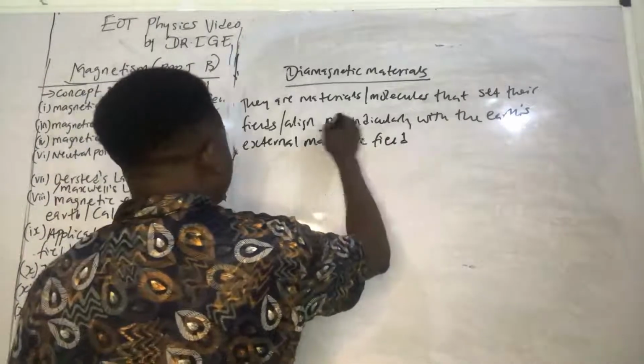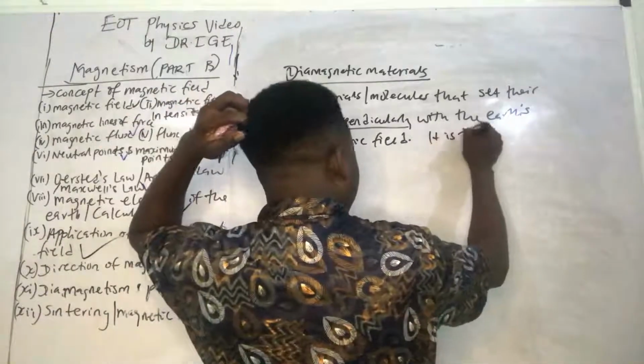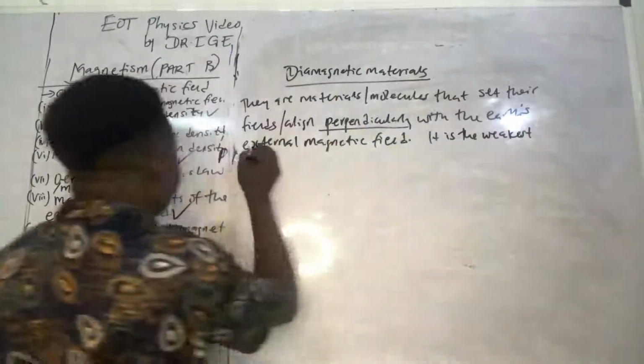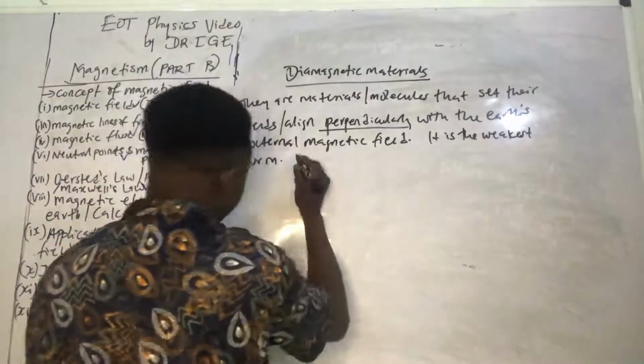What I want you to see here is perpendicularly. It is the weakest form. It's very weak.